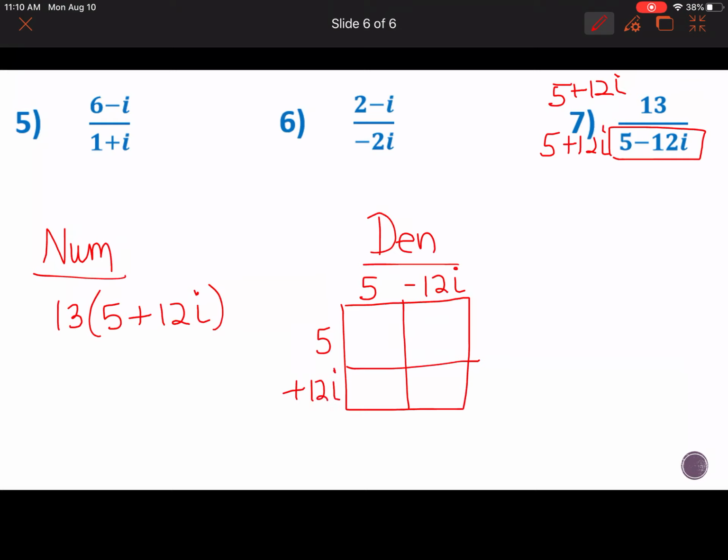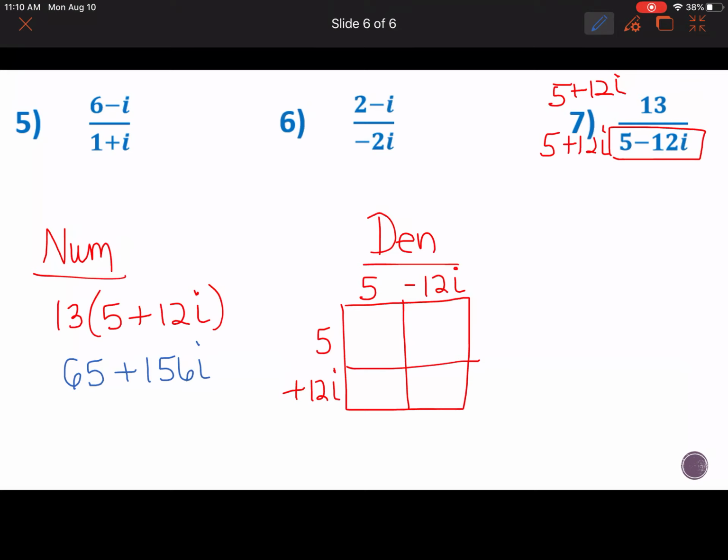So let's distribute. Let's do our numerator first. So we have 13 times 5, that's 65. And then we have 12i times 13, that's 156i.